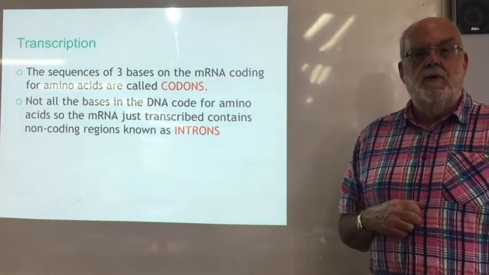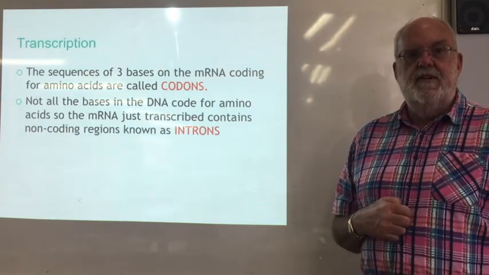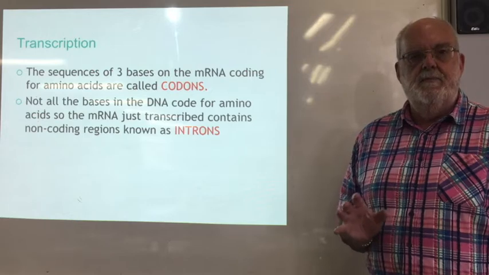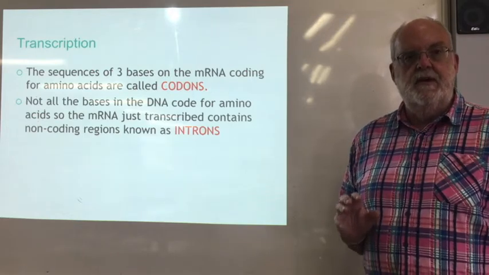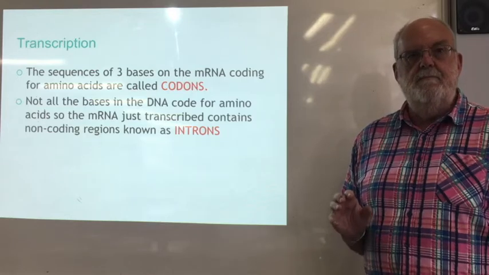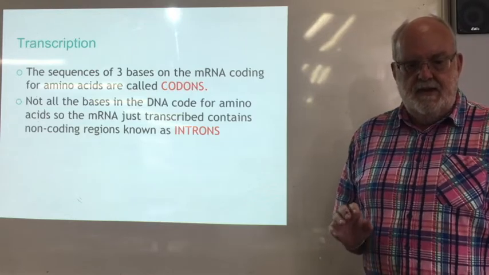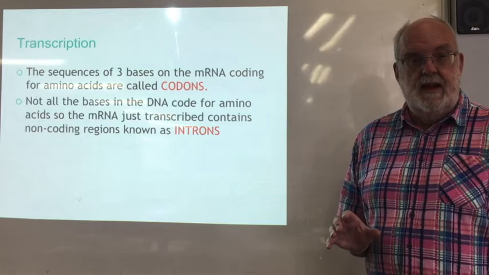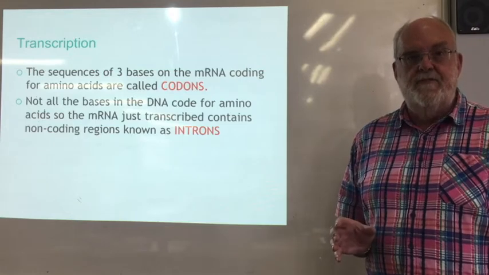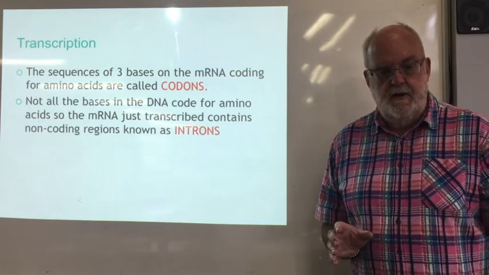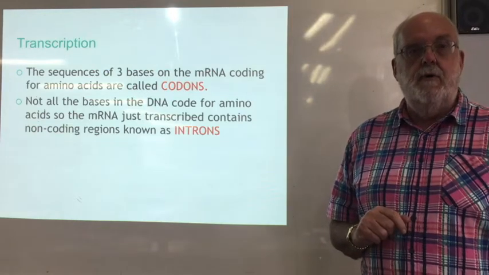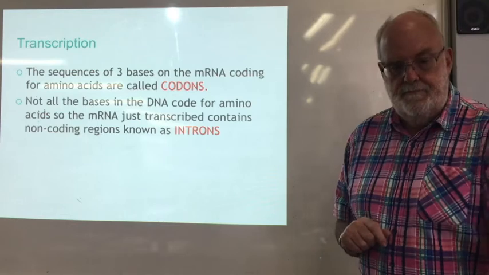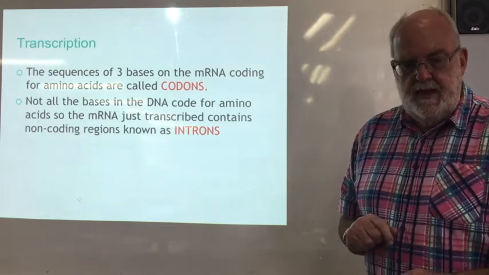Something that we'll talk about much later on in the syllabus is the fact that there are certain parts of DNA that are responsible for coding for things, but not directly making proteins. So there are sections of the molecule of DNA that get in the way, if you like. And so they have to be snipped out of the messenger RNA before it's converted into protein.